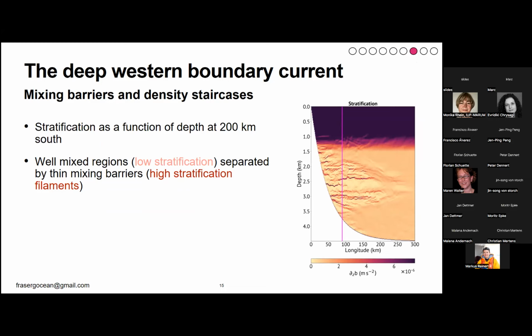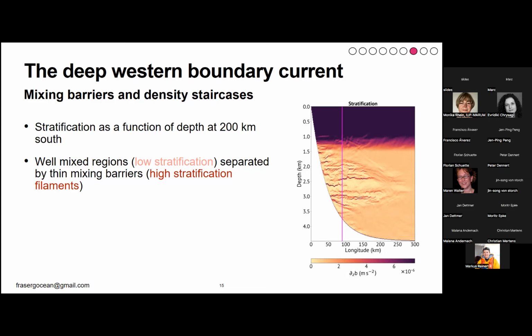So this plot here shows the stratification at about 200 kilometers south in our model of this deep western boundary current crossing the equator. In this model, we started off with a uniform stratification below about 1.5 kilometers, so stratification is the same everywhere.